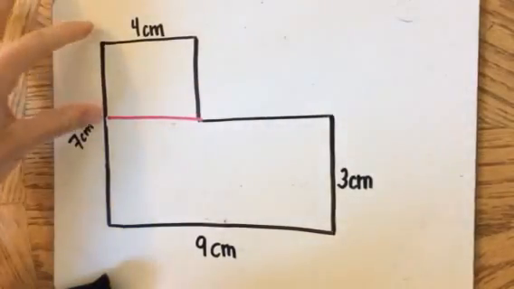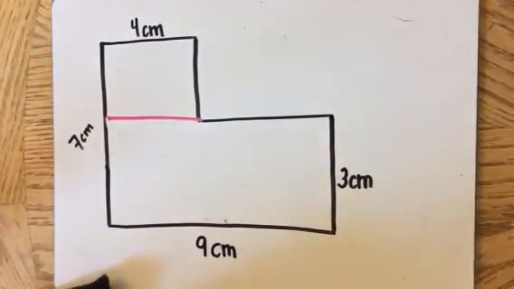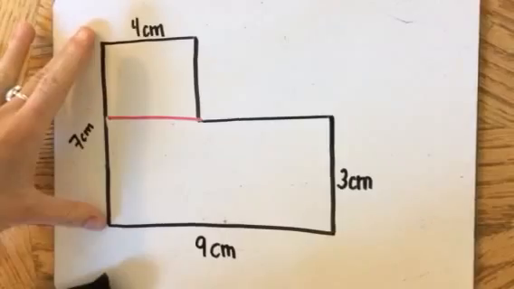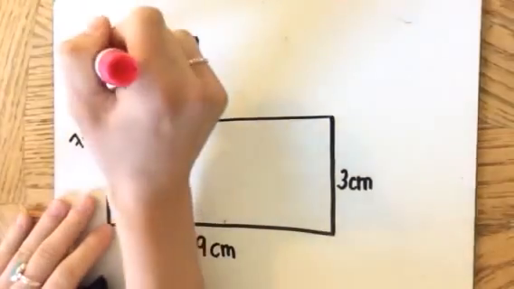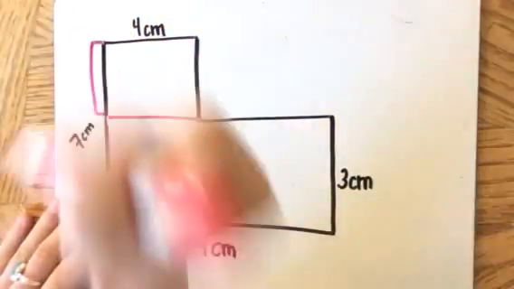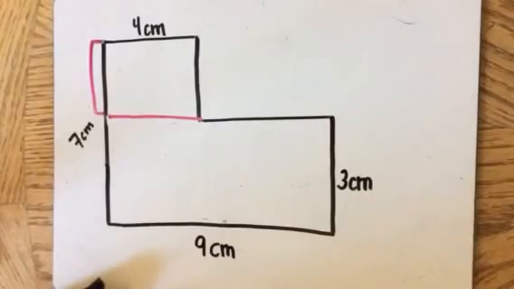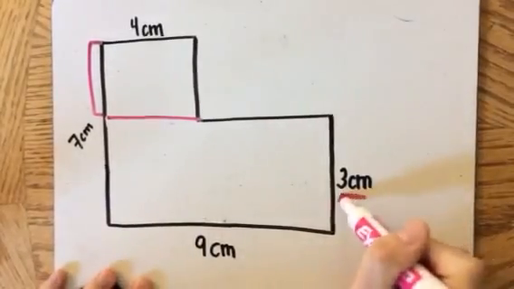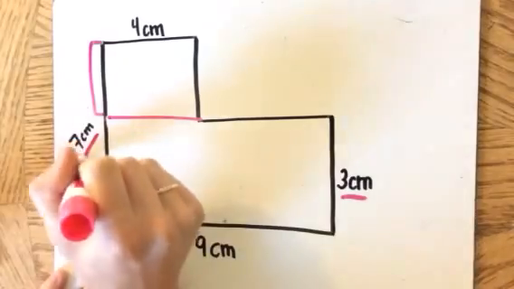Is this side length 7? No, this whole side length is 7, so I cannot say that this little part is 7. But I can use what I know here and here.